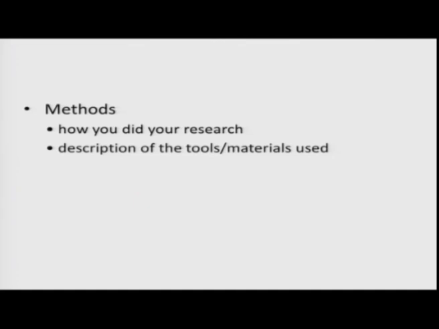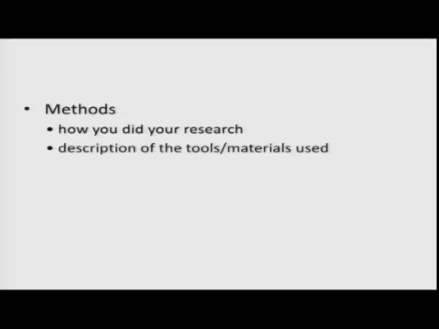Here it includes details of your research methodology: what tools you used, how you collected your data, how you analyzed data, who your subjects were, and how you approached them. All the details about data collection procedures you include under this section.